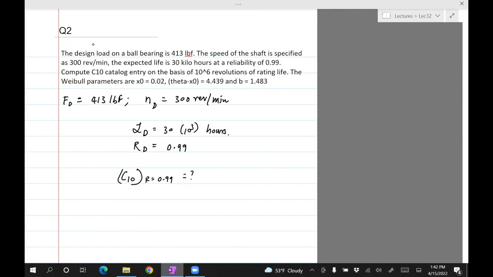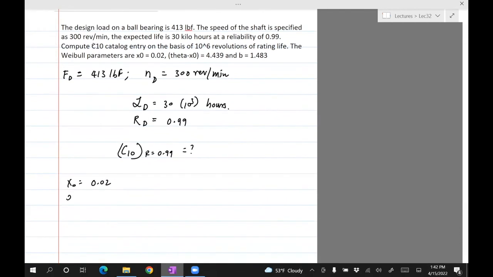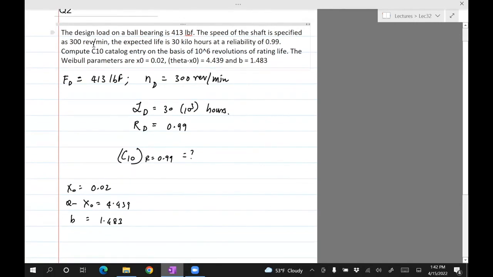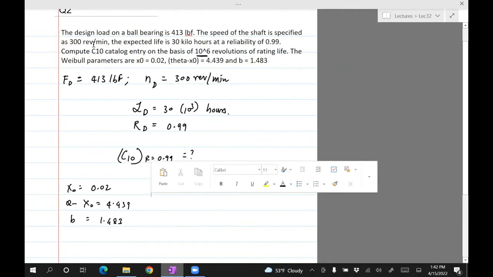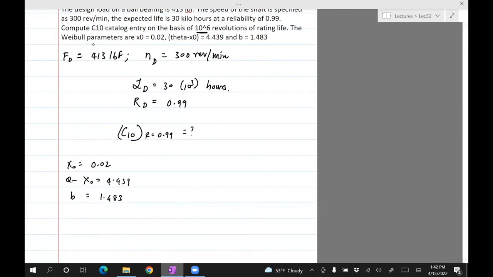So x0 is 0.02, theta minus x0 is 4.439, b is 1.483. Okay, and then there's one piece which I forgot to add. 10⁶ is the rating life, so that will be LR. R stands for rating life, 10⁶ revs.